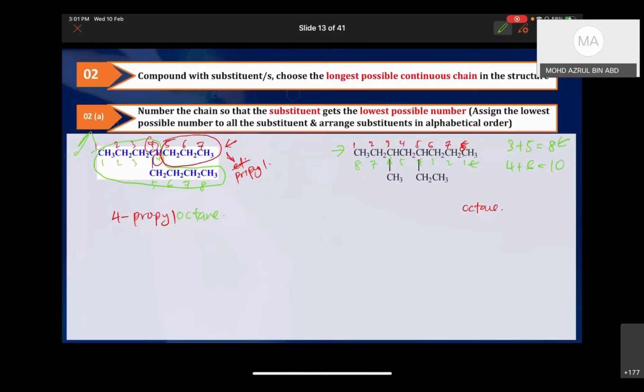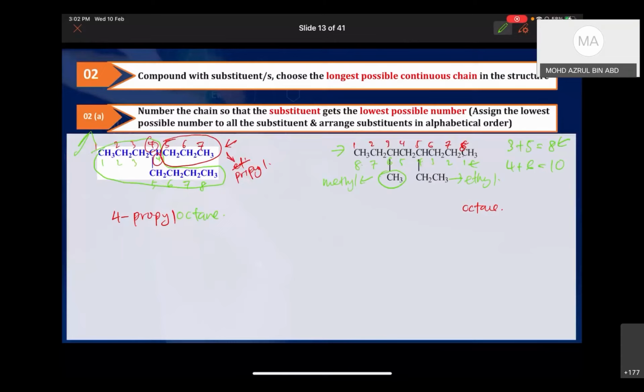Okay, so which means the name of the compound is, okay, then we need to identify the substituent that presents in this compound. So this one we call it as methyl, and then this one is ethyl. Alright, so the next rule is, if you want to write down the substituent, you must arrange the substituent alphabetically.